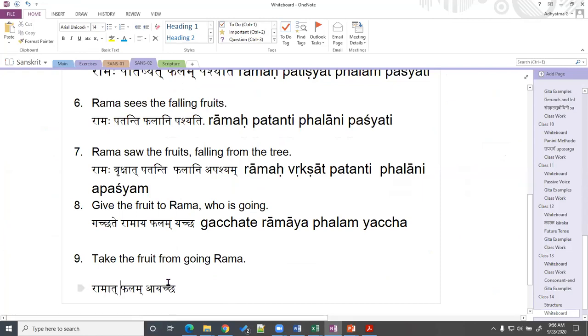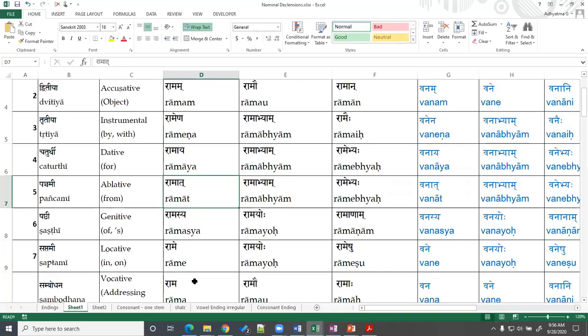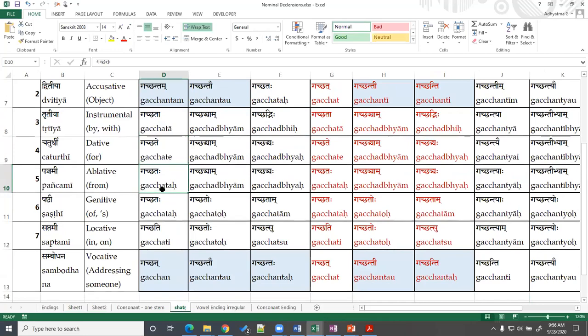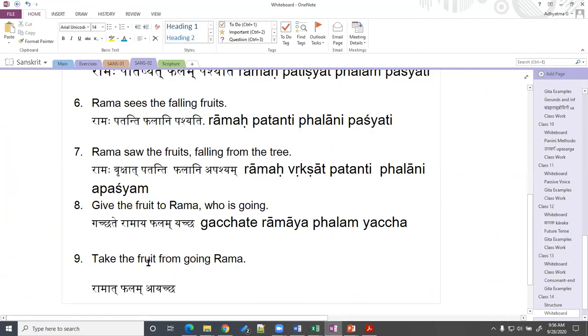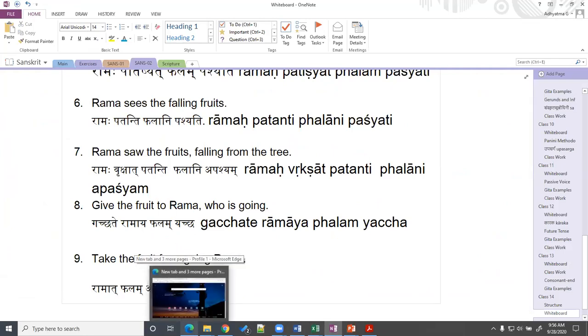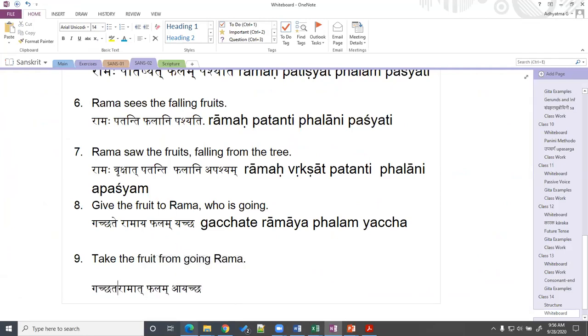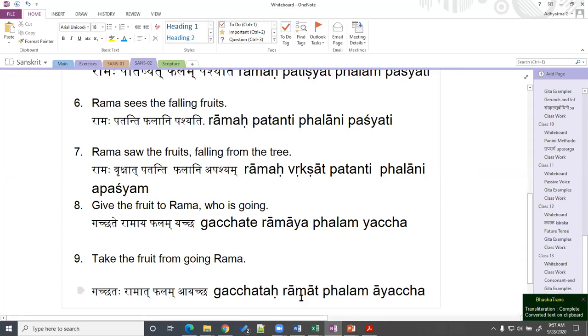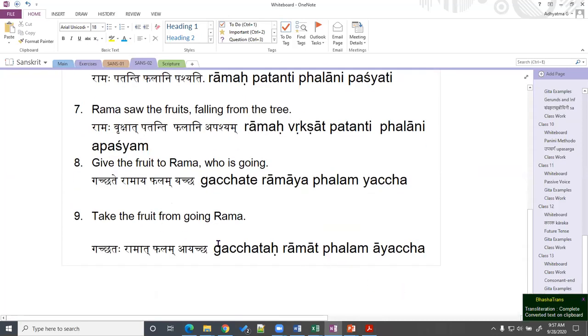So Ramat phalam ayacha, and we now have to use the one who is going, which is gacchataha, fifth case singular. So we have to say gacchataha Ramat phalam ayacha, take the fruit from going Rama.